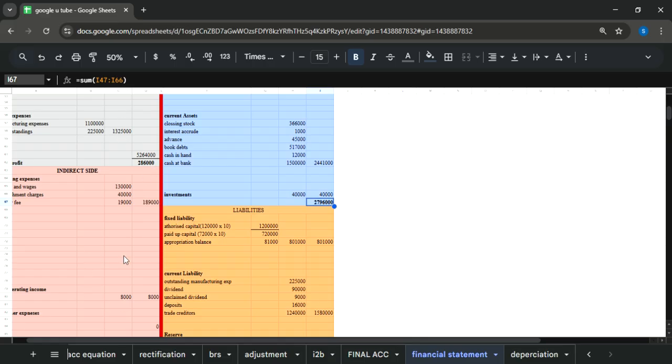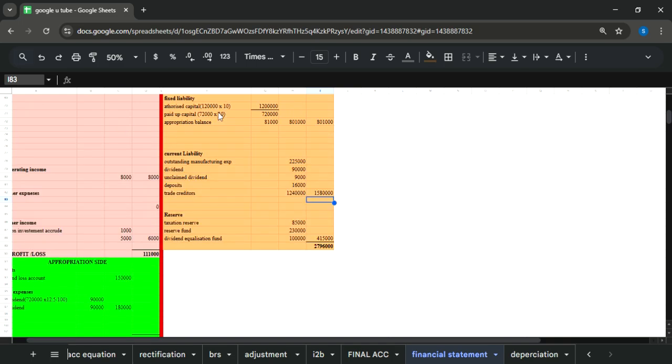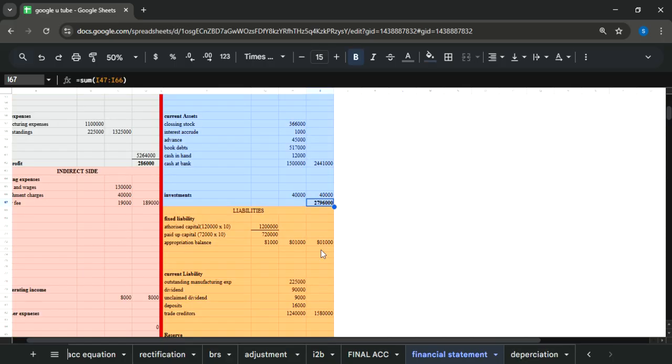After this, the indirect side was started and we got its net profit. After that we have the appropriation side to be recorded, where we got the appropriation balance of 81,000.